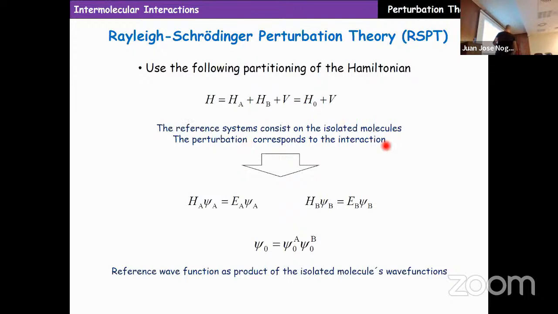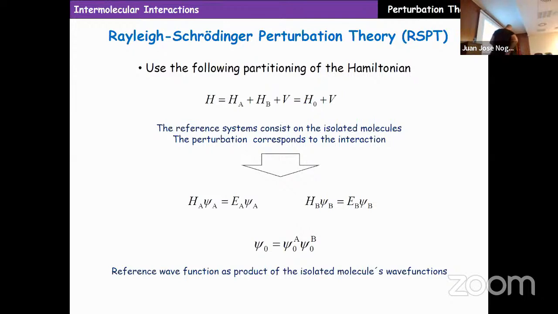Well, the reference system considers the isolated molecules. The perturbation corresponds to the interaction. So I can obtain the reference energy from the Hamiltonians of the isolated fragments, and then I have my reference wave function, which is exactly the same variational wave function. The starting wave function is variational.